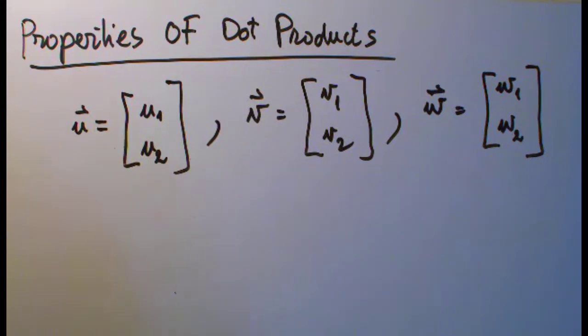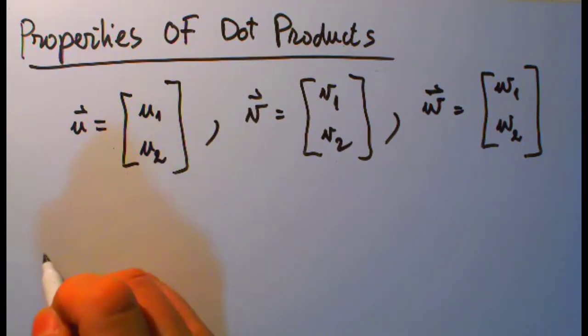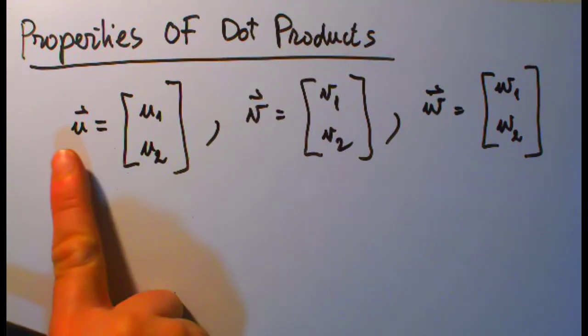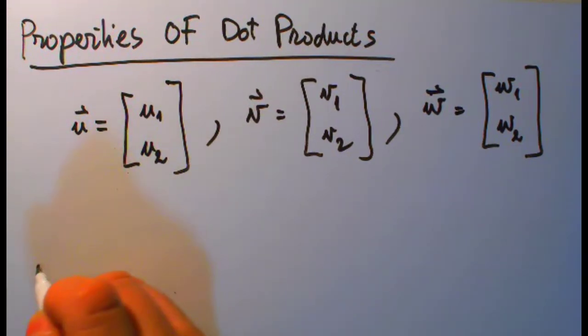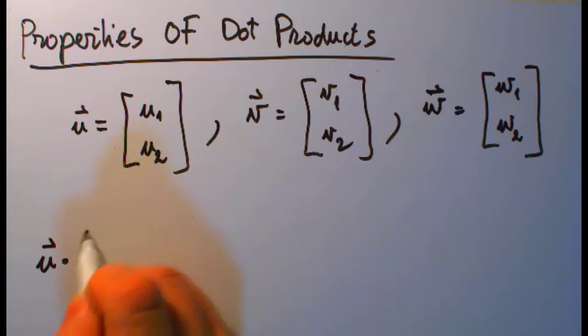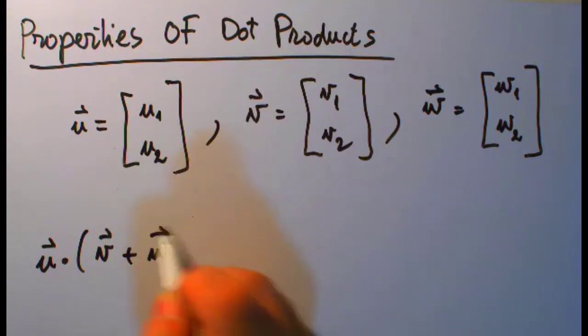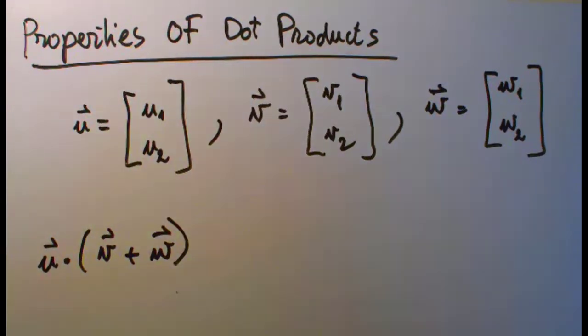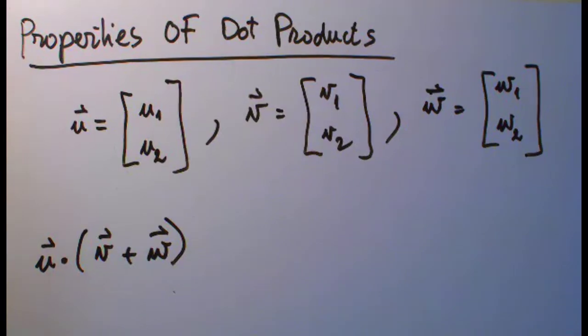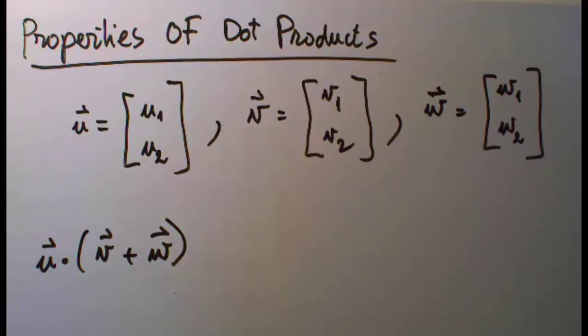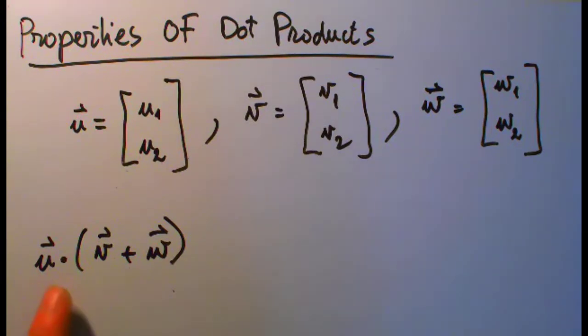So what we want to find out is, let's investigate. I can't just simply start out assuming that U dot with the sum V plus W will be the same as the usual distributive law. So let's find out. From what we understand so far regarding the properties of vectors, we know how to take a dot product.